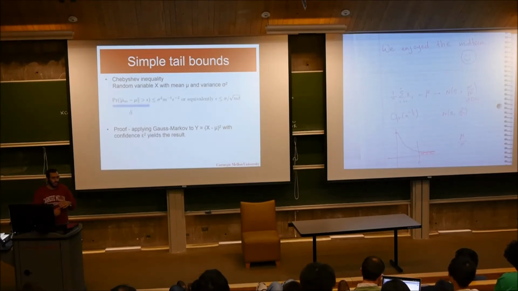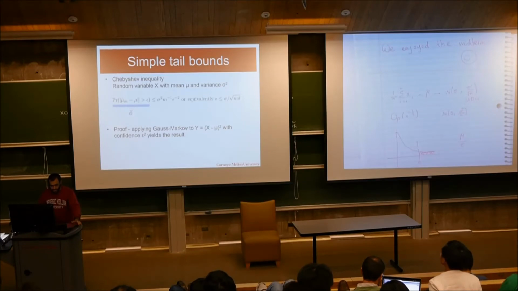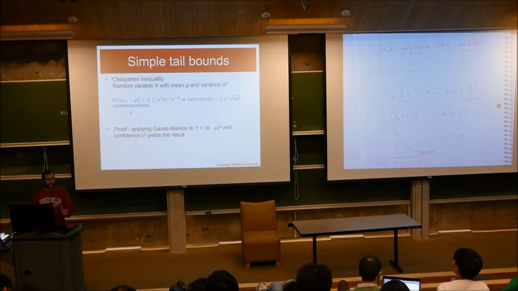So delta is the probability of being wrong. We want this probability to be low, and we see that this probability increases with the variance, which makes sense. It also increases with the inverse of epsilon squared. And so as you want higher and higher accuracy, your probability of being wrong increases with that.